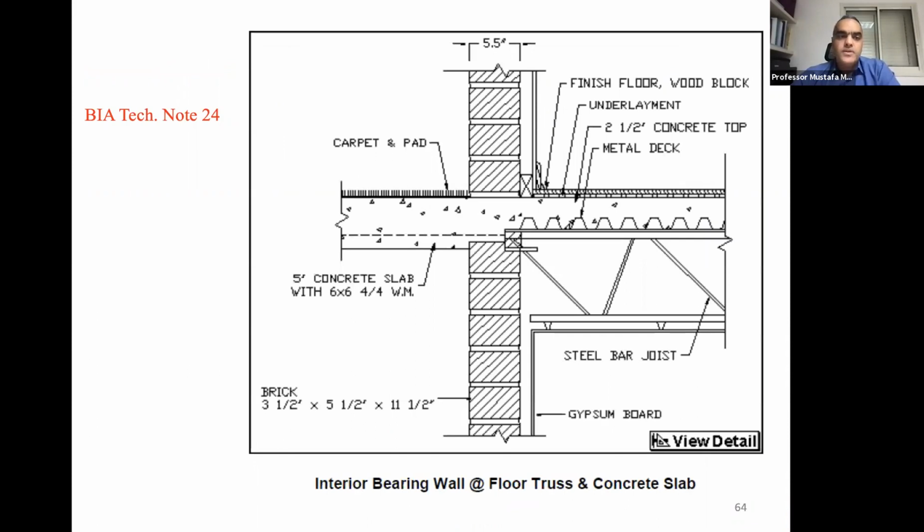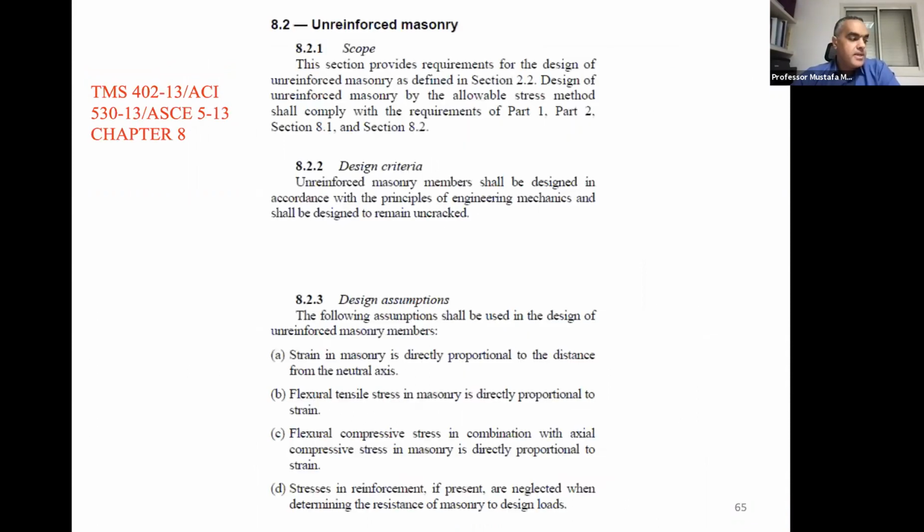So for unreinforced masonry, typically Chapter 8 will cover all the provisions that we need for the design of masonry structures. Chapter 9 covers reinforced masonry, okay? So in this section, what we need is the design assumptions.